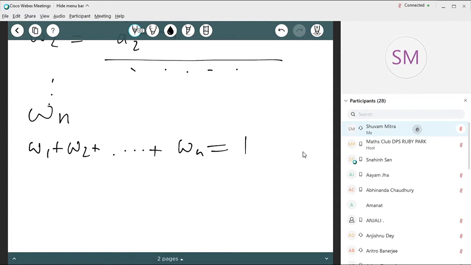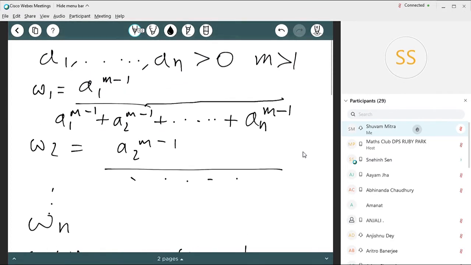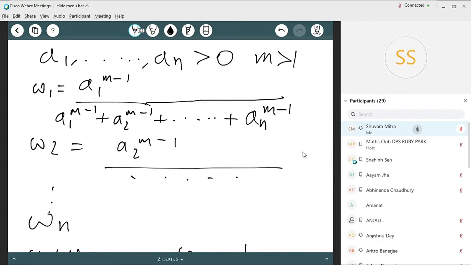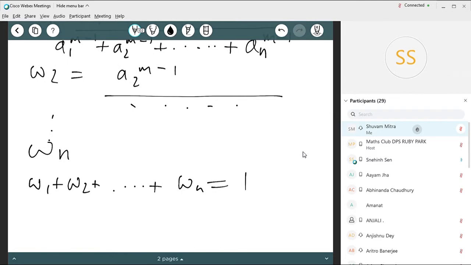So these are the weights, and the sum is equal to 1. Then by weighted AM and HM, we can use weighted AM and HM over here. So we would have the following.